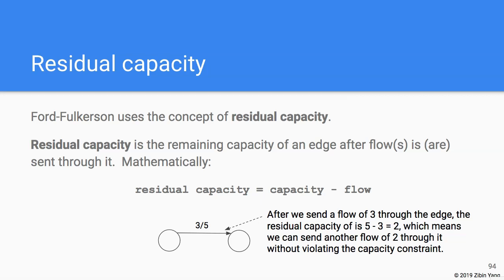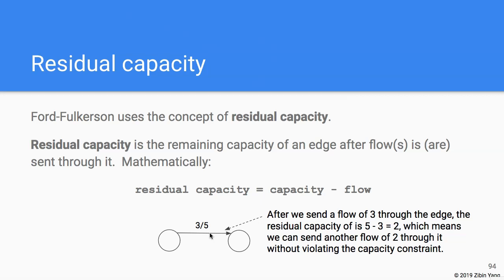Residual capacity is just capacity, but it's the remaining capacity of an edge after some flow has already been sent through it. So if you look at this example here, the capacity of this edge is 5. Flow of 3 has already been sent through it. So what's the remaining capacity of this edge? Well, it's 5 minus 2, right?